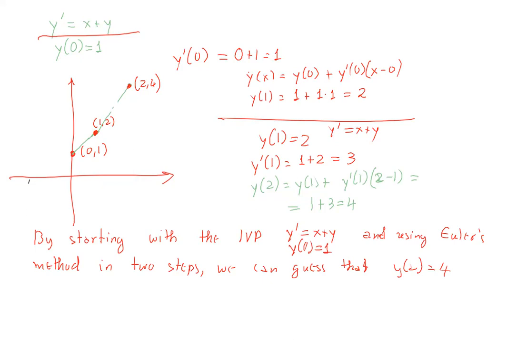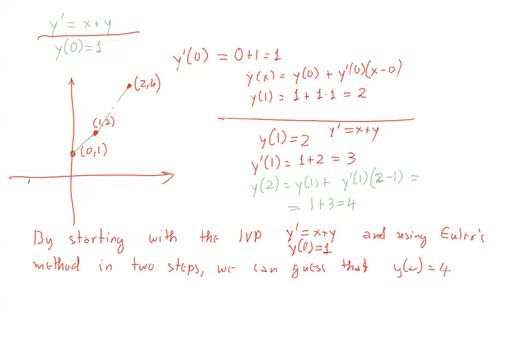So you would subdivide the interval from 0 to 2 into 100 pieces. So each one would have length 0.02. And you would repeat this 100 times, and that would have given you a much better approximation of what to expect at that particular point. Okay, and then if you were not happy with that, you could have done it 200 times or 1,000 times.